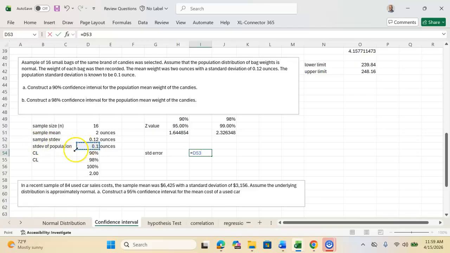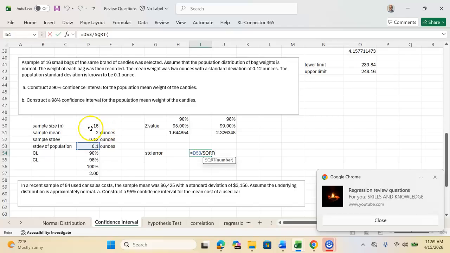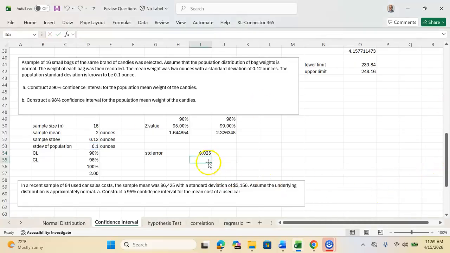So we are going to use standard deviation of population divided by the square root of the sample size, which is 16. And close the bracket and enter. So remember, the formula for standard error is standard deviation divided by the square root of the sample size. That's what we got.